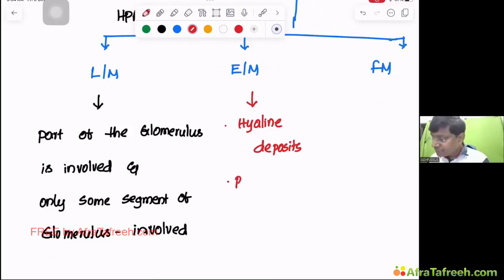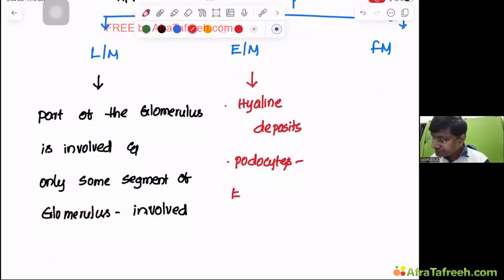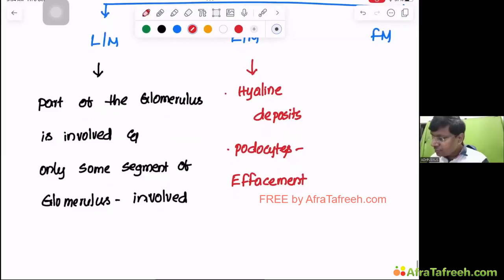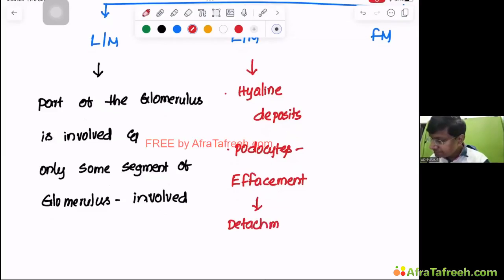So you will notice there is effacement of the podocytes, and not only effacement, there will also be detachment as well as vacuolization.